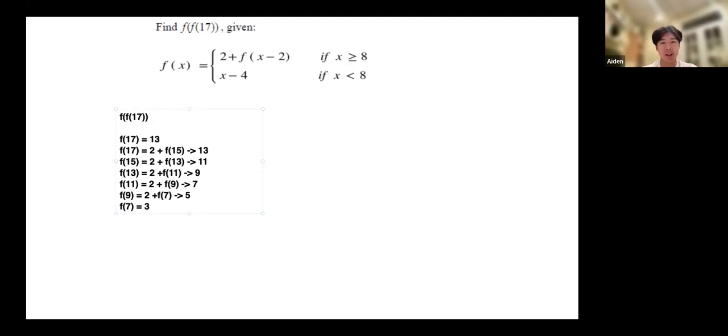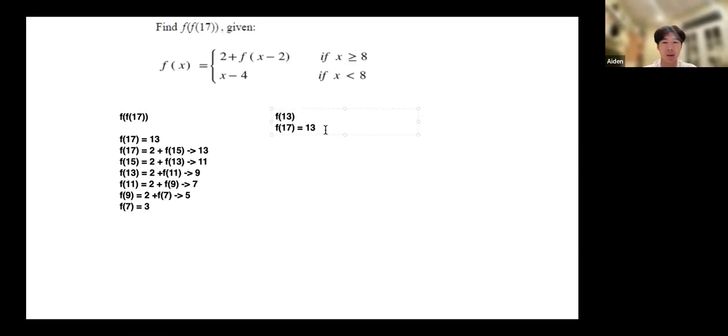But the thing is, we're solving for f of f of 17. So we can break this down into a second step: since f of 17 is equal to 13, we can replace this here with 13.